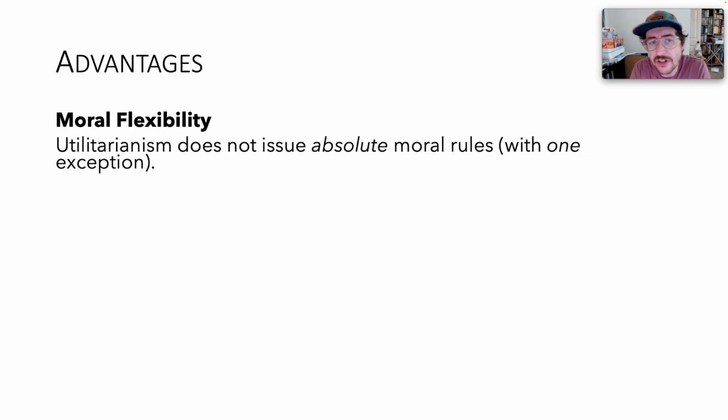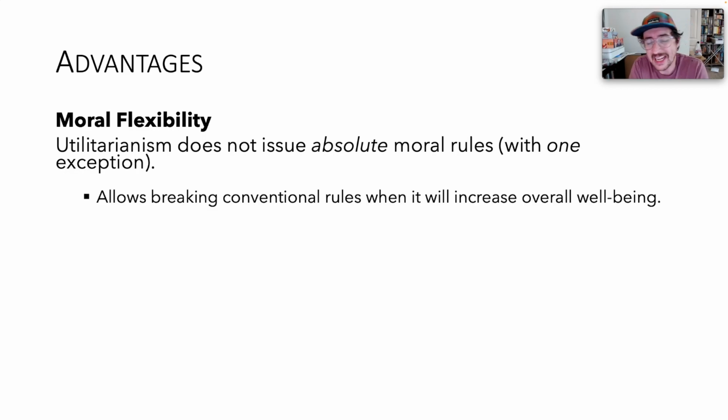Another one of the major advantages of utilitarianism is what's known as its moral flexibility here. Utilitarianism does not issue absolute moral rules. There's one exception to this, though, as we'll see. Now, the idea is utilitarianism allows, it justifies, it explains why we can break a lot of these conventional moral rules.